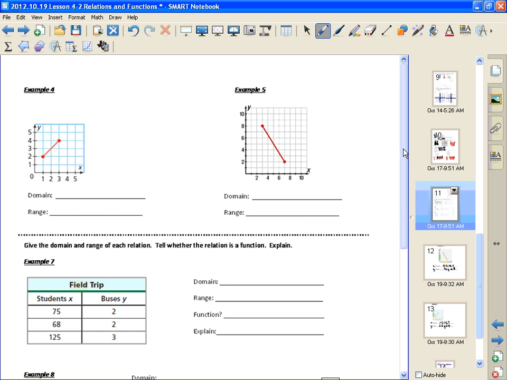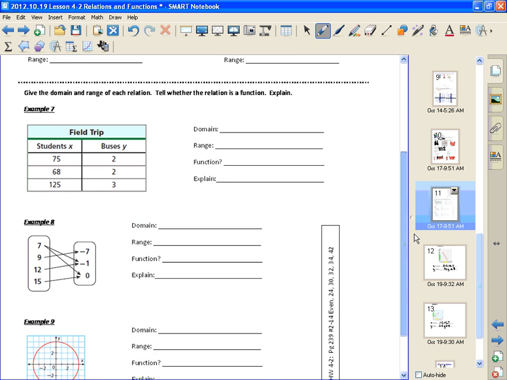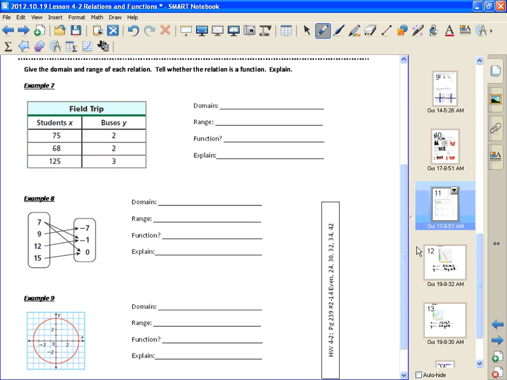Okay, so now let's look at example 7 here. On example 7 it says give the domain and range of each relation and then tell whether the relation is a function and then explain it. On example 7 we're given specific values, right? So if you're given specific values, you have to make a list of those values for your domain.